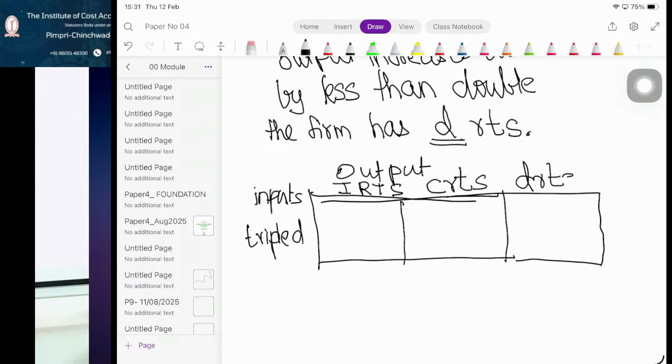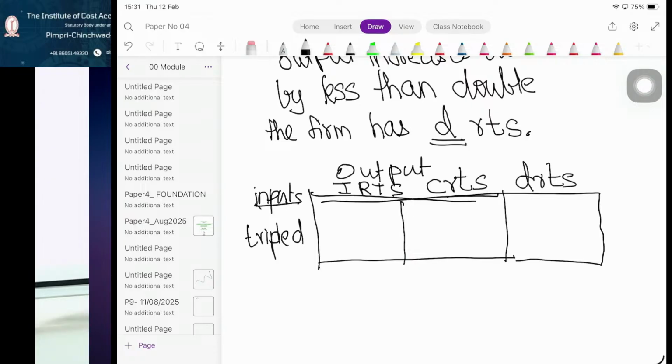I want all of you to type in that answer into the chat box. If inputs are tripled and the firm is experiencing increasing returns to scale, what number will you choose here? For double it was more than double.